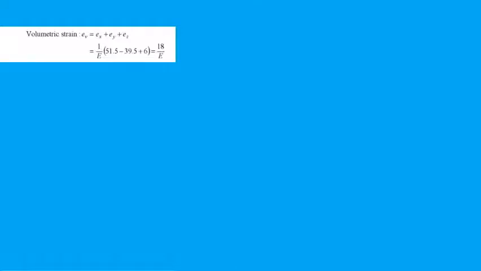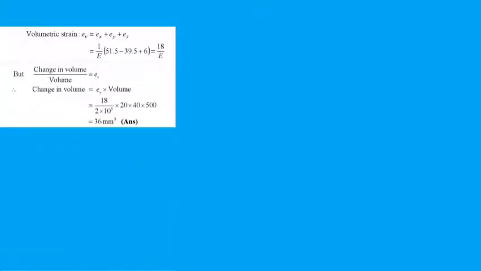So it becomes 18 by E. And we know volumetric strain is change in volume divided by the original volume. Therefore, change in volume equals volumetric strain into original volume. We got the volumetric strain 18 divided by E.